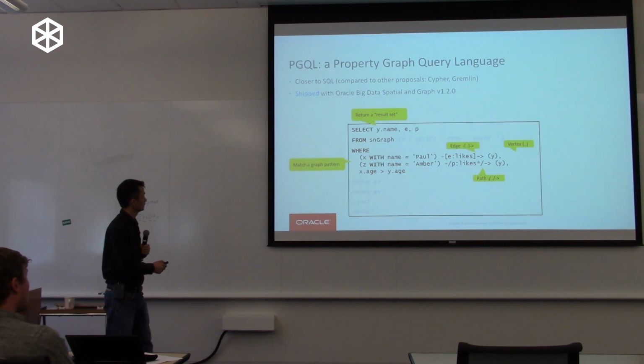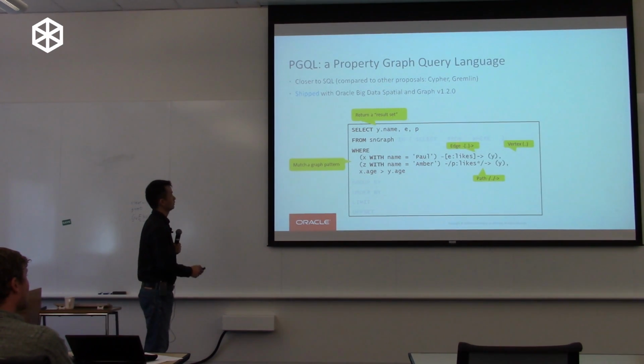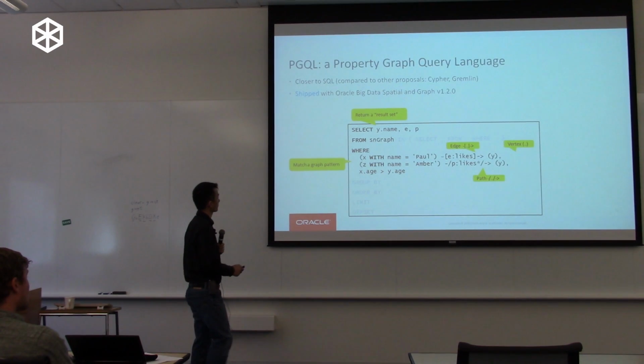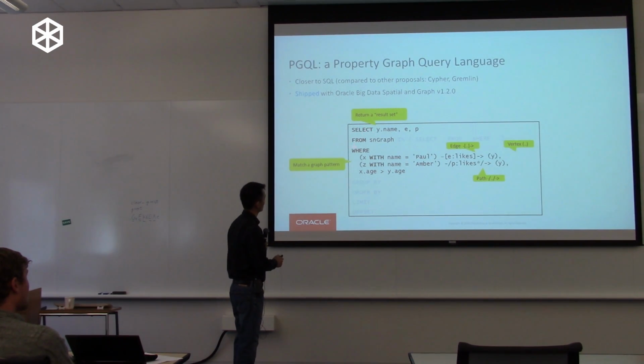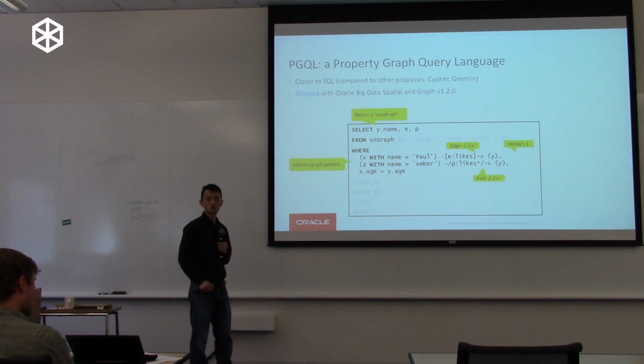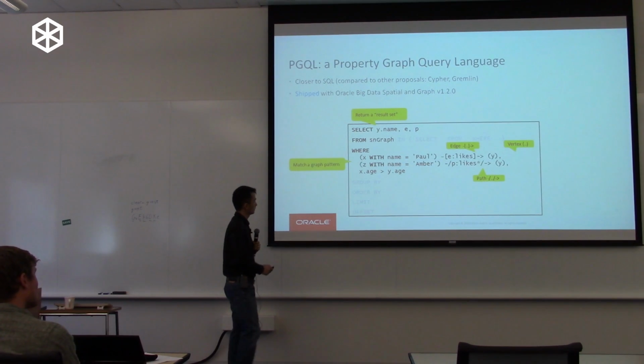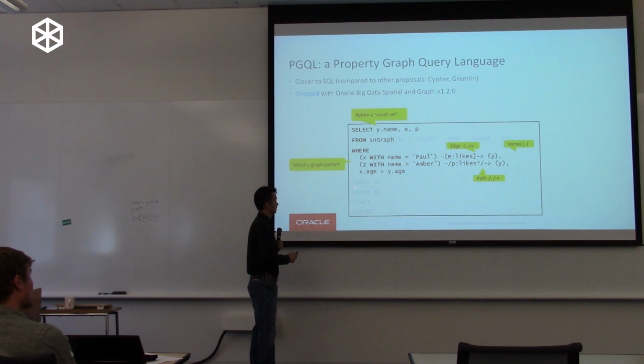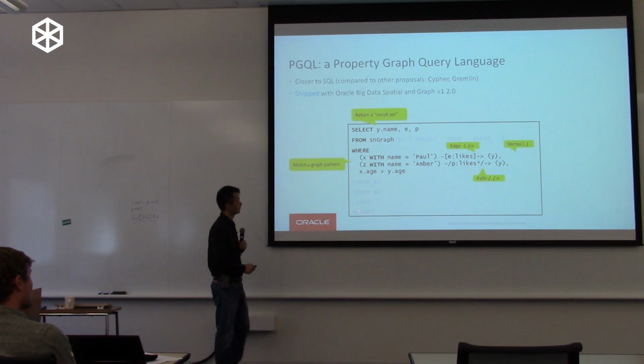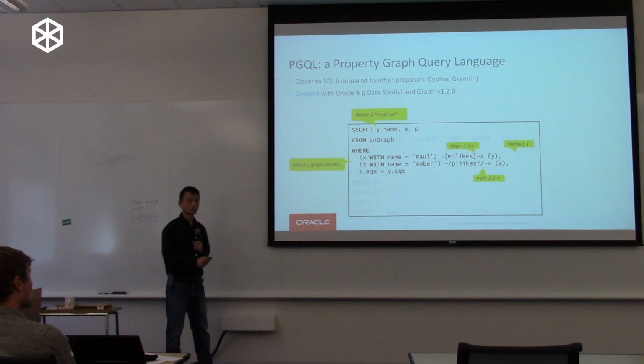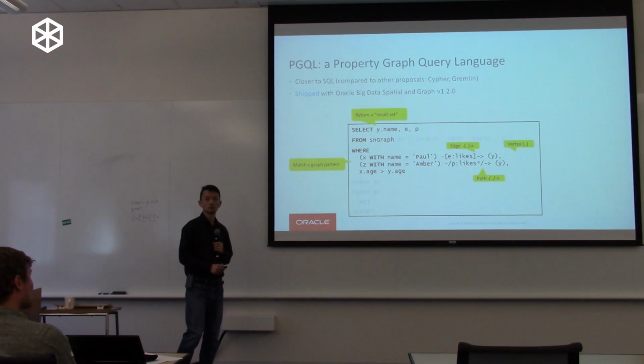This shows you an example of a PGQL query. You have a select clause, you have from a graph, and there's a where clause. You define your query pattern, you define your constraints and filters. There's a bunch of modifiers like group by, order by, limit, and offset. So this looks quite similar to SQL.